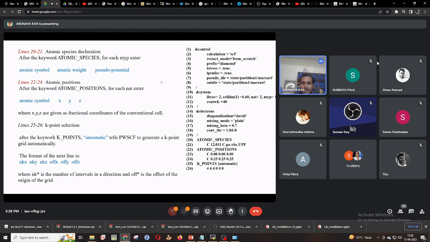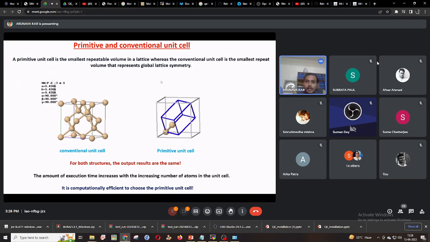Before running that, I need to give a bit more view of the system. For this diamond structure, there are two different kinds of unit cell we consider. One is the primitive unit cell, one is the conventional unit cell.